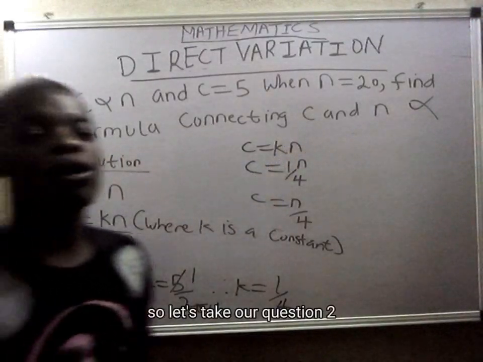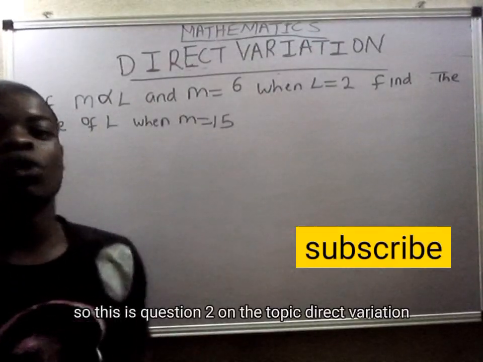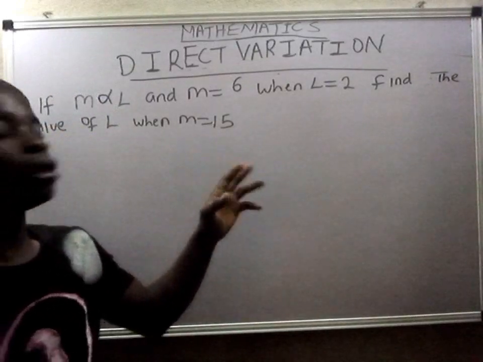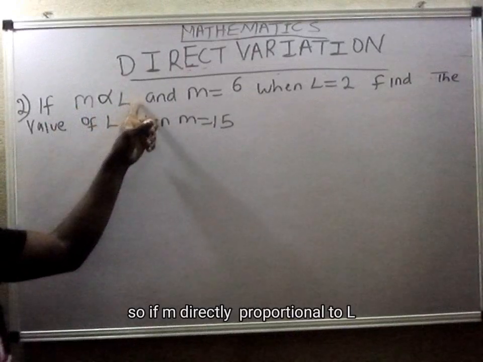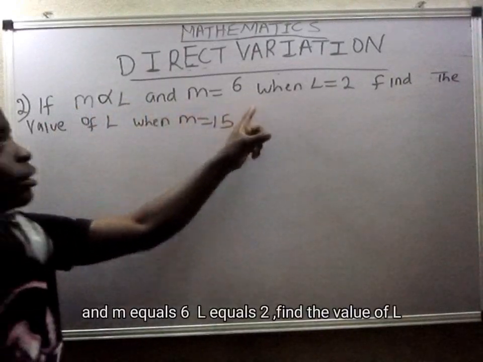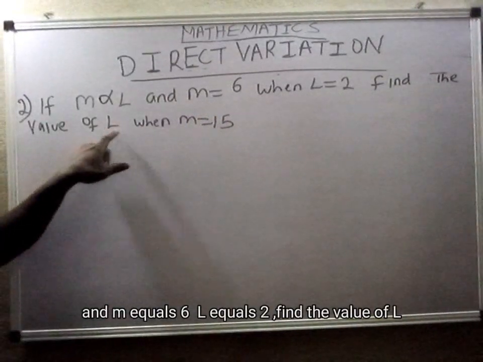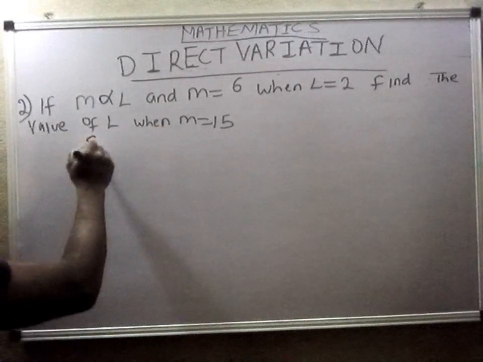So let's take our question 2. This is question 2 on the topic direct variation. If M is proportional to L, and M equals 6 when L equals 2, find the value of L when M equals 15. Solution.